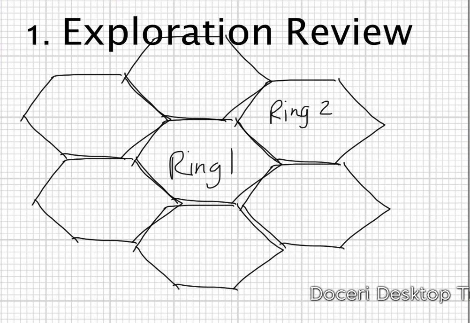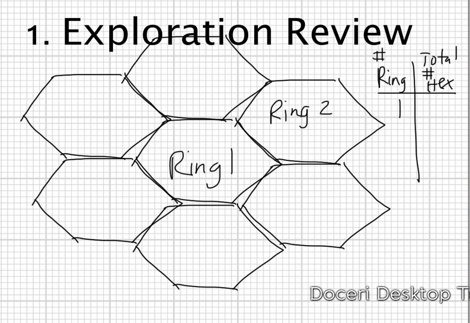The next part you had to do was make a table that showed the total number of hexagons in the first ring, the first 2 rings, the first 3 rings, and the first 4 rings. So basically your table looks something like this. You got your ring number, and then you got your total number of hexagons.